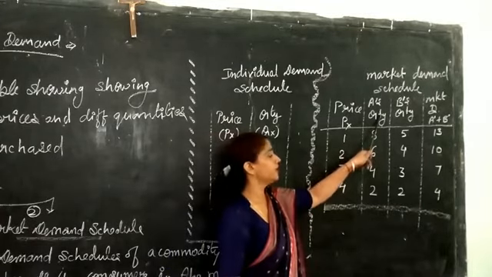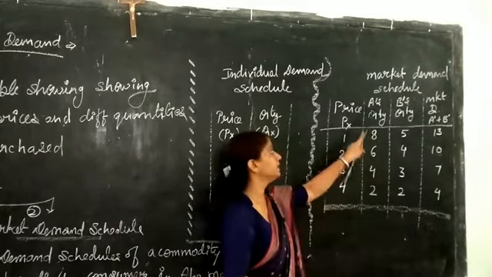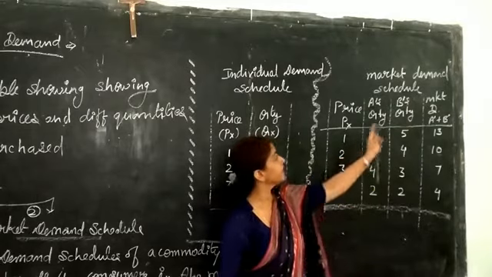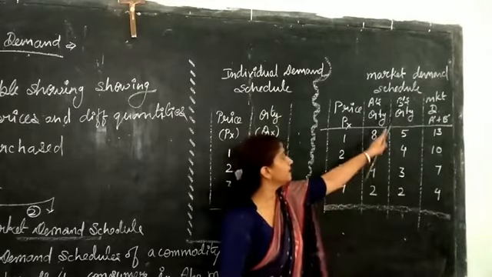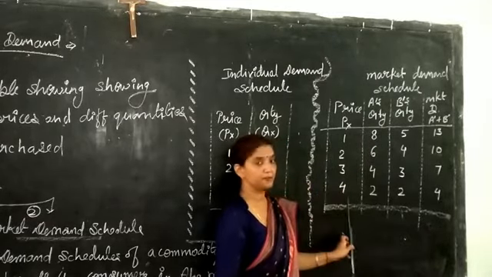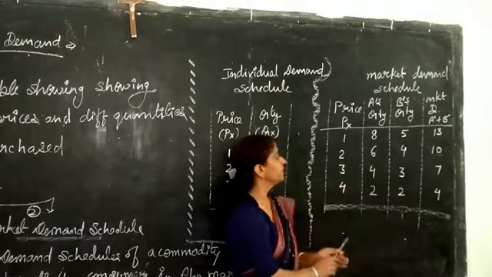This is the quantity purchased by consumer A against these prices, and this is B's quantity to be purchased against these prices.